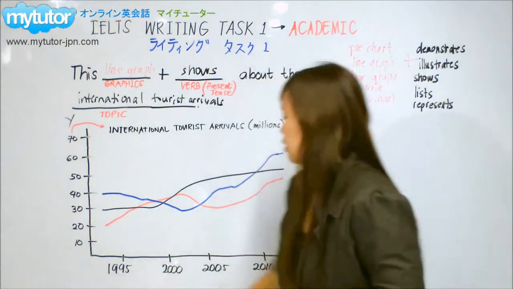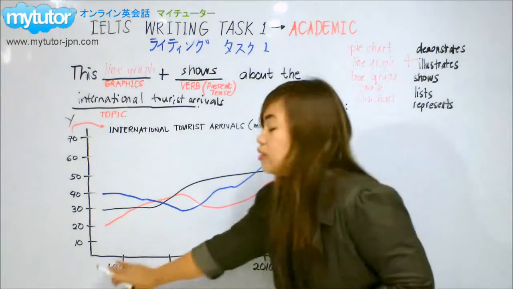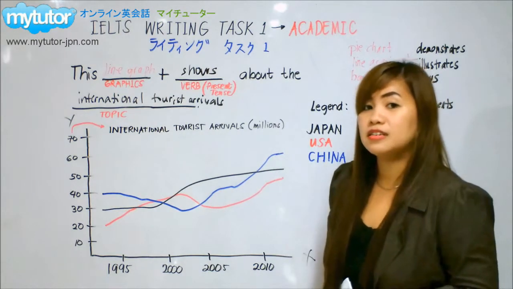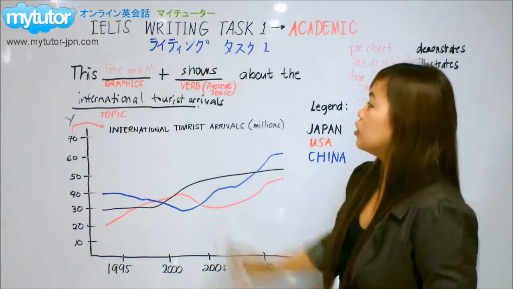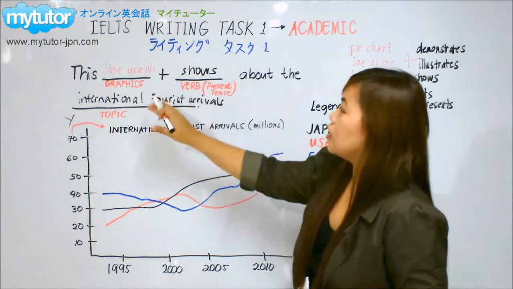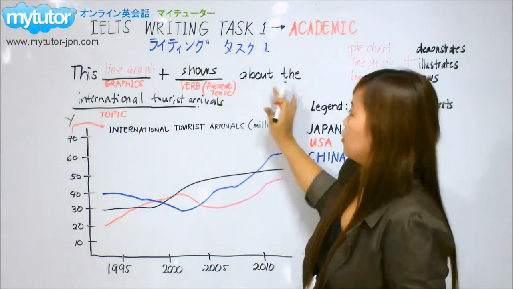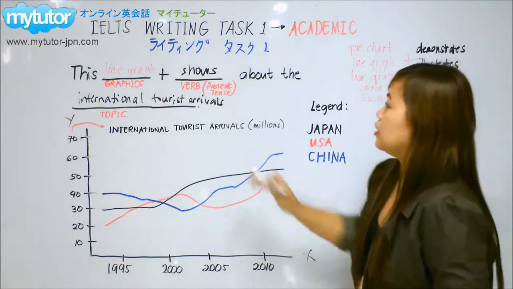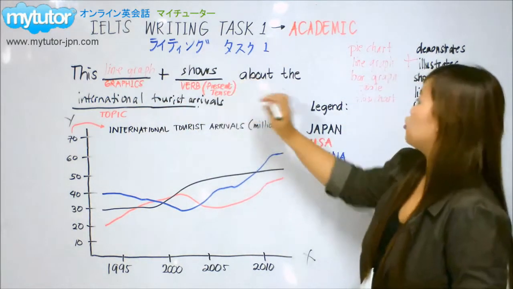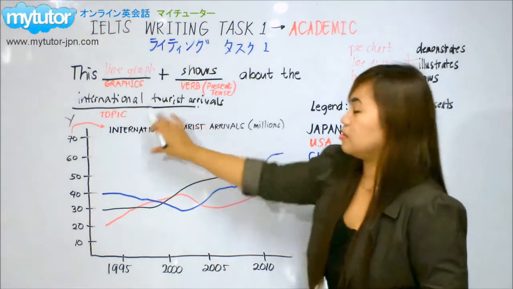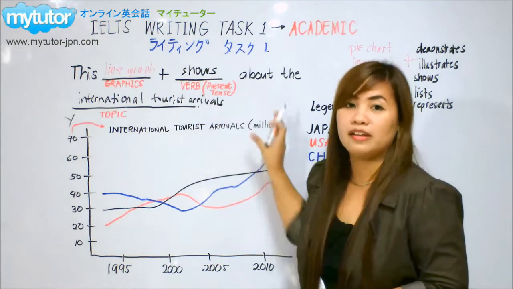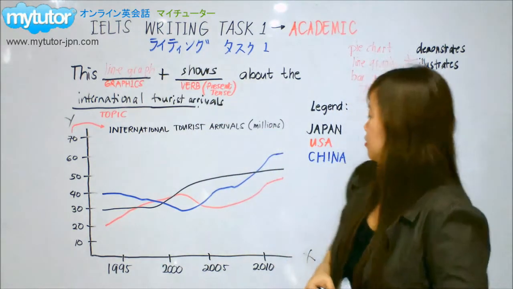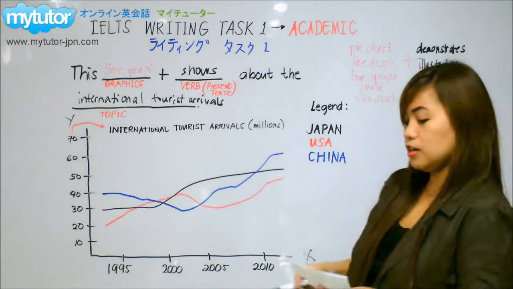The year or the time range we will talk about in the second sentence, so we will discuss that later. So this is our first sentence: this line graph shows about the international tourist arrivals. It's very simple. You can say this pie chart demonstrates about the sales of cars in Japan. Like that, so it's very clear.